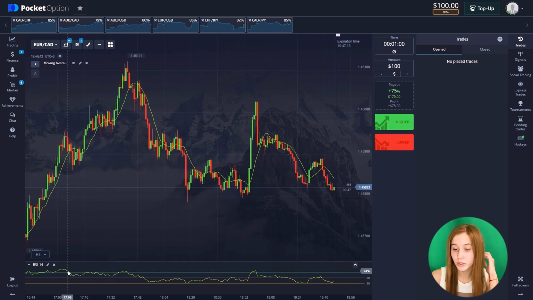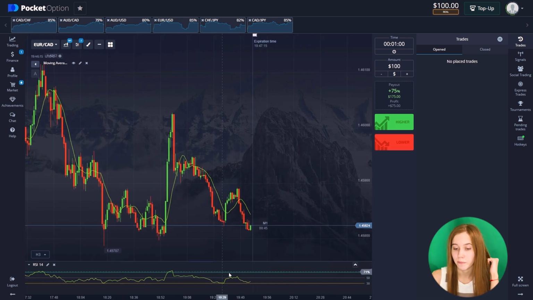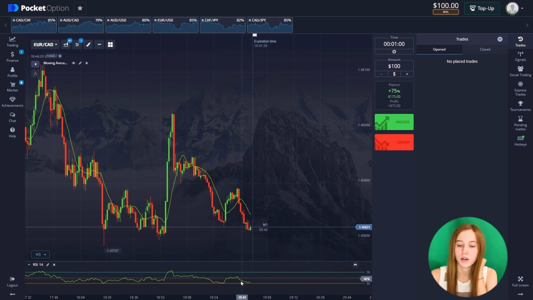The upper zone is overbought and the lower zone is oversold. This indicator helps to understand in which direction our trend is moving.